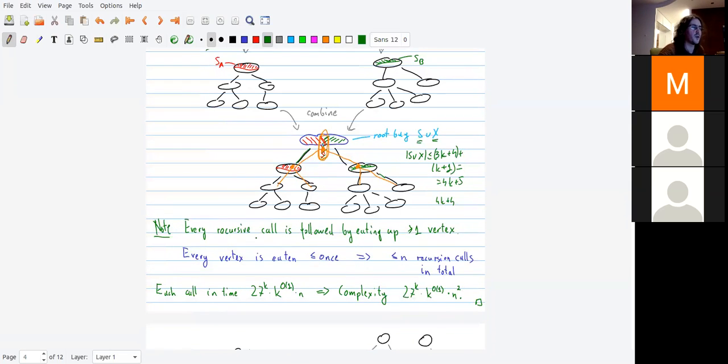So every recursive call is immediately followed by eating up one more vertex of the graph, which means that, because every vertex is eaten up in the whole process at most once, there are at most n recursion calls in total throughout the whole recursive scheme.